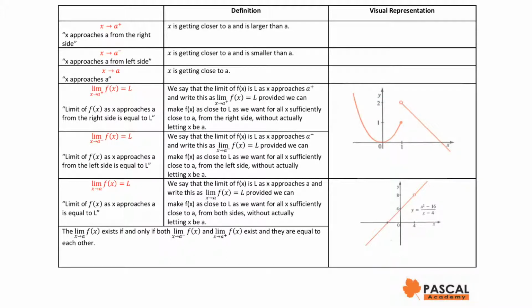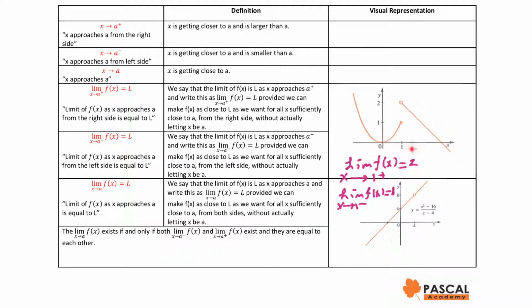Therefore, limit of f of x as x approaches 1 from right side is 2. And when x approaches 1 from the left side, when x is smaller than 1 and is getting close to 1, f of x is getting close to 1. Therefore, limit of f of x as x approaches 1 from left side is 1.